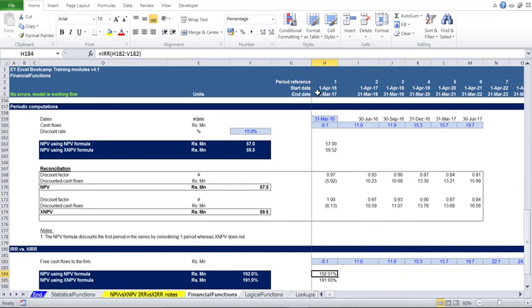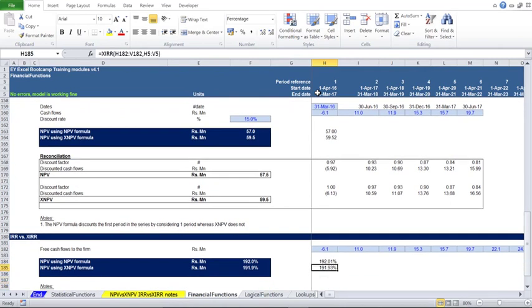Now, as you can see, there is a slight difference between the IRR computed using the IRR function and the IRR computed using the XIRR function.